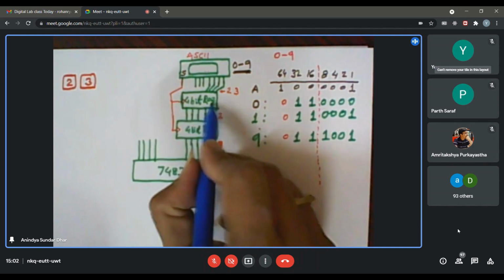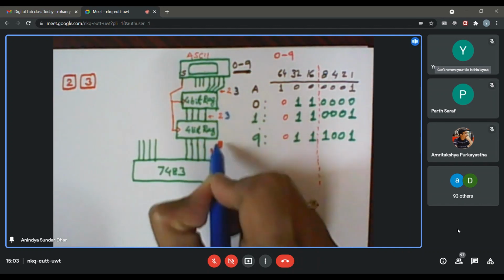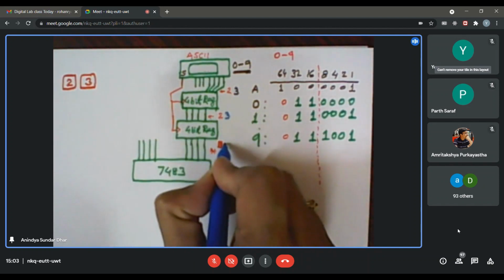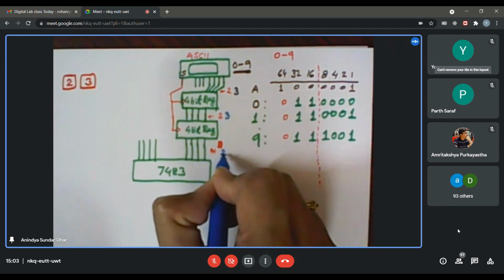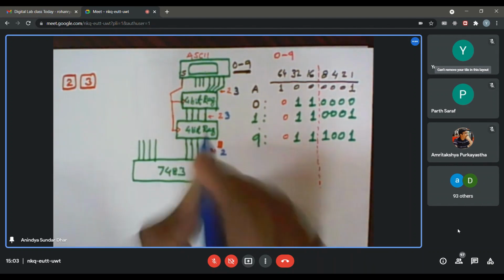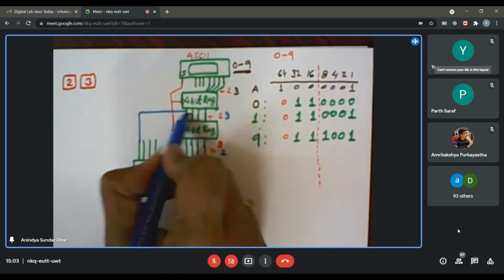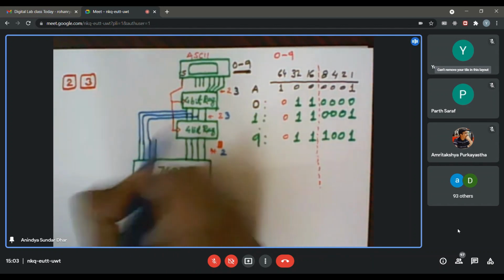So it will store 3, so 3 will be available here as well as here. But here, because earlier the value was 2, now it is getting a strobe at that time, 2 will appear over here. So whatever we earlier called garbage will now change to 2. Now 3 will be available here, 2 will be available here, which I have already connected to this point. And these 4 lines, the output of this first register, I can now connect to here. This is pretty straightforward, I think, right?